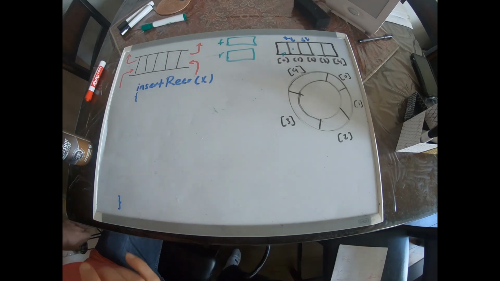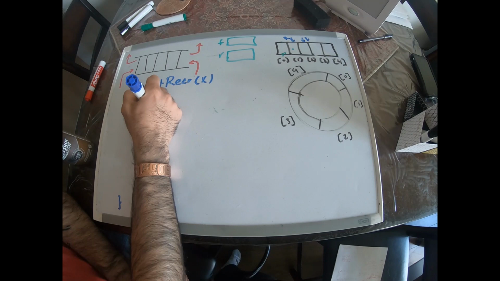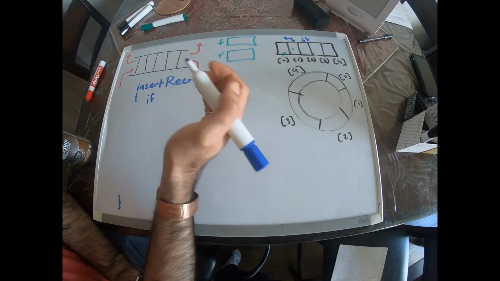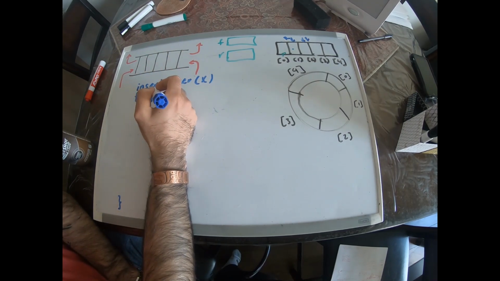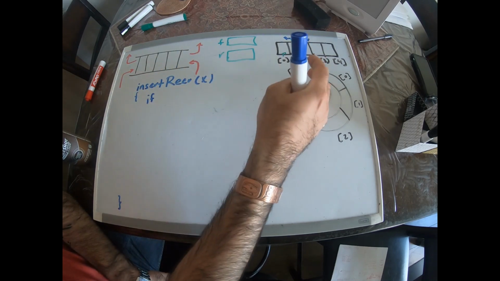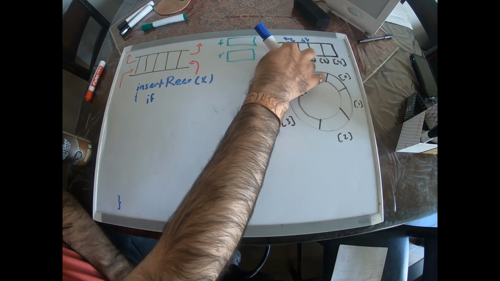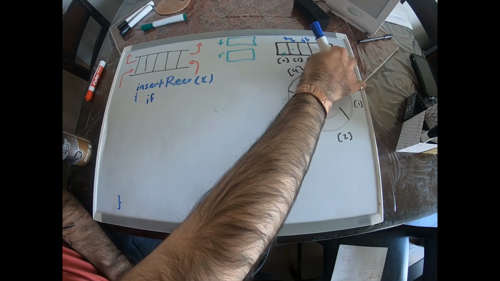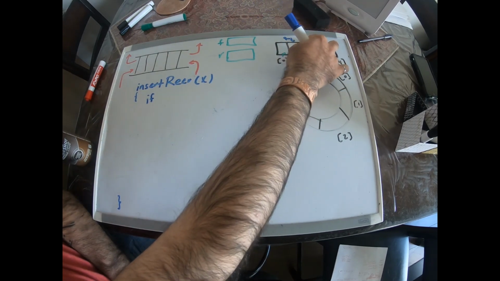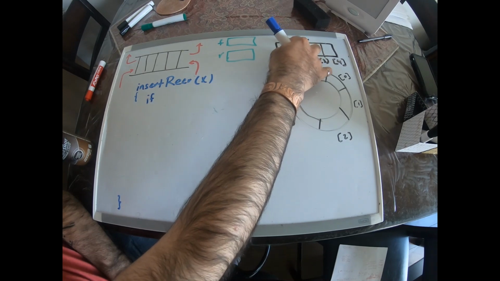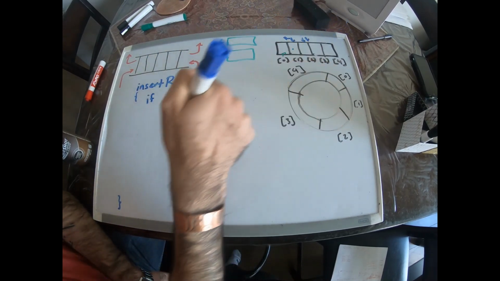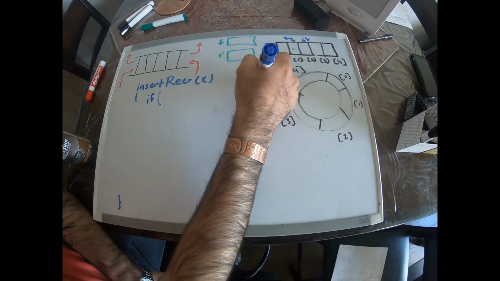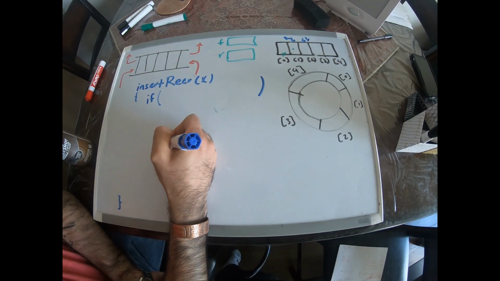Writing the condition, as you guys remember, I can do it two ways. I can say if front is equal to 0 and rear is equal to n minus 1, or front is equal to rear plus 1. I can write the condition this way. But we can write it another way, right?